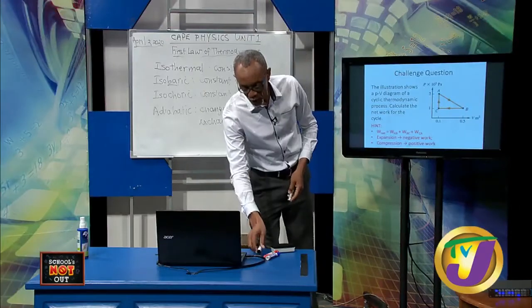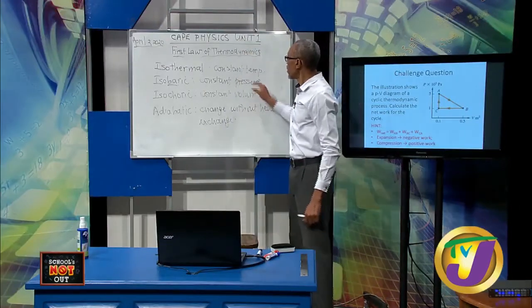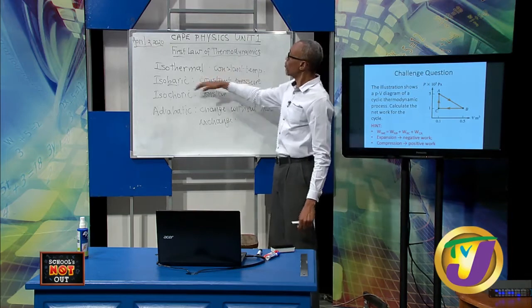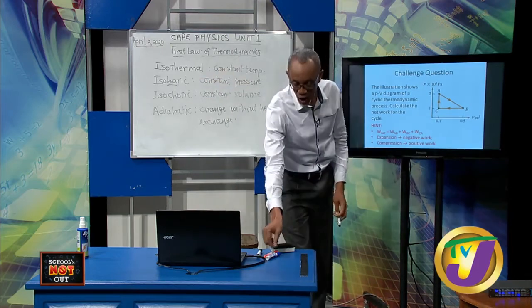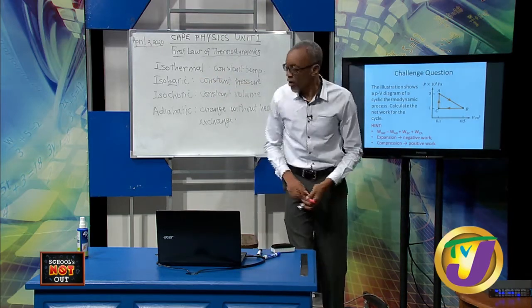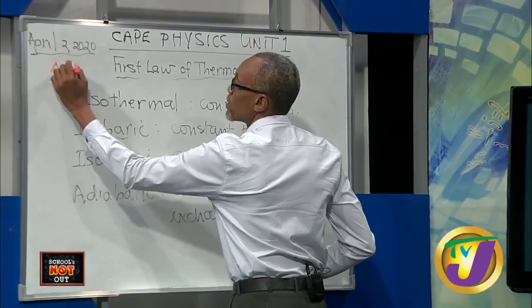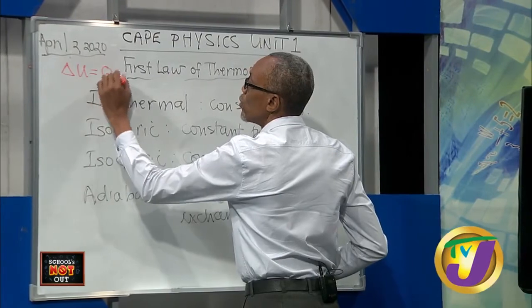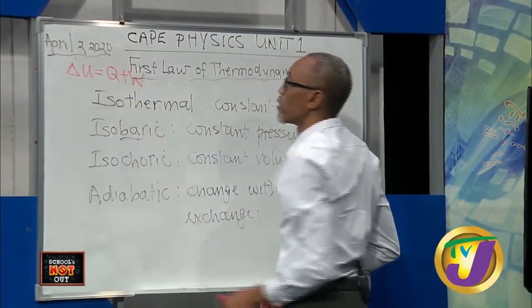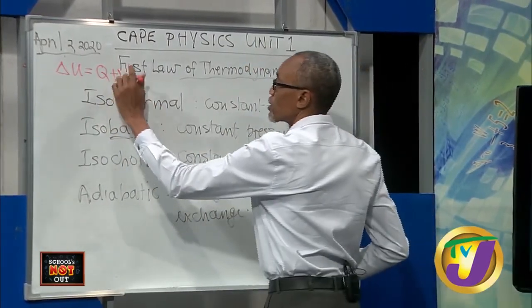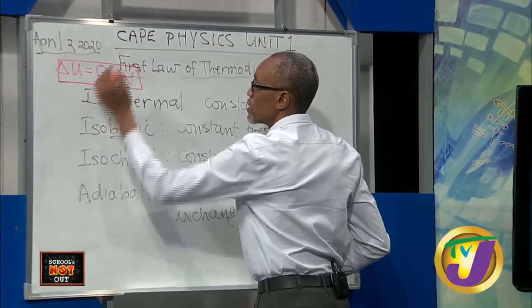All right, so let's see if we can remember our first law of thermodynamics. Our equation is delta U is equal to Q plus W. All right, that's our first law equation. Let's keep that in mind.